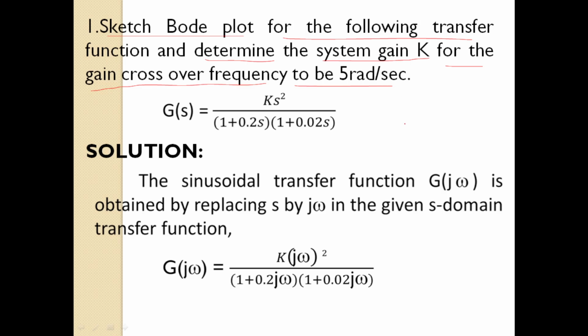So here, for omega gc equal to 5 radians per second, you have to determine the system gain k value.